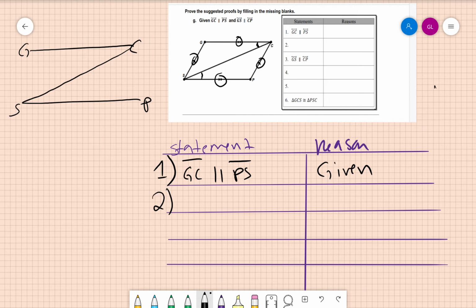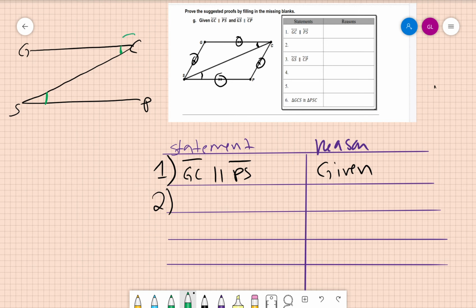You can look at this and you can tell right away that you have a transversal and a set of parallel lines. So I can already see that I have an angle here, that I have an angle here, right? So they're on opposite sides of the transversal inside the parallel lines. That means you have alternate interior angles. So let's go ahead and write those 2 angles out. So we're saying here that we have GCS, that's the top one right here.